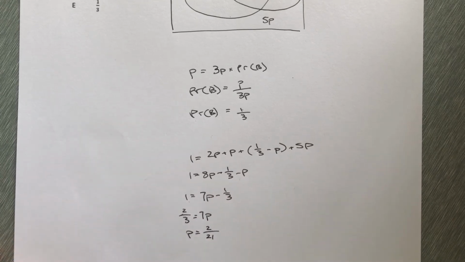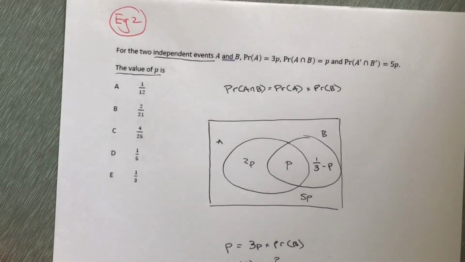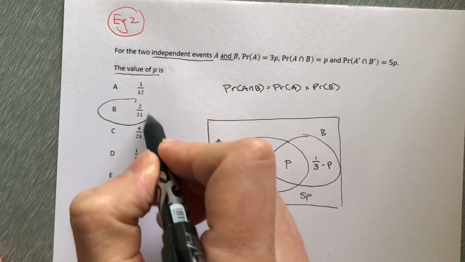There we go, so I've worked out that p is 2 on 21.